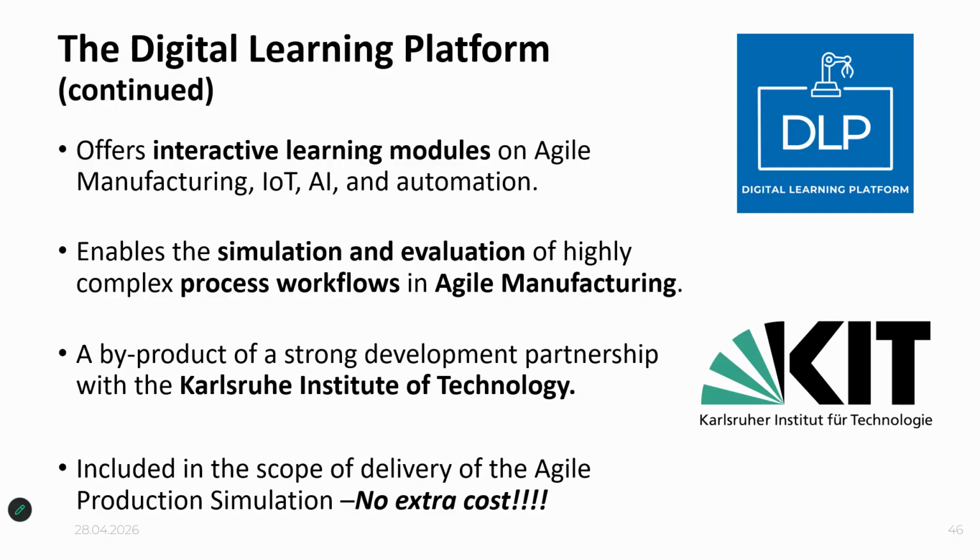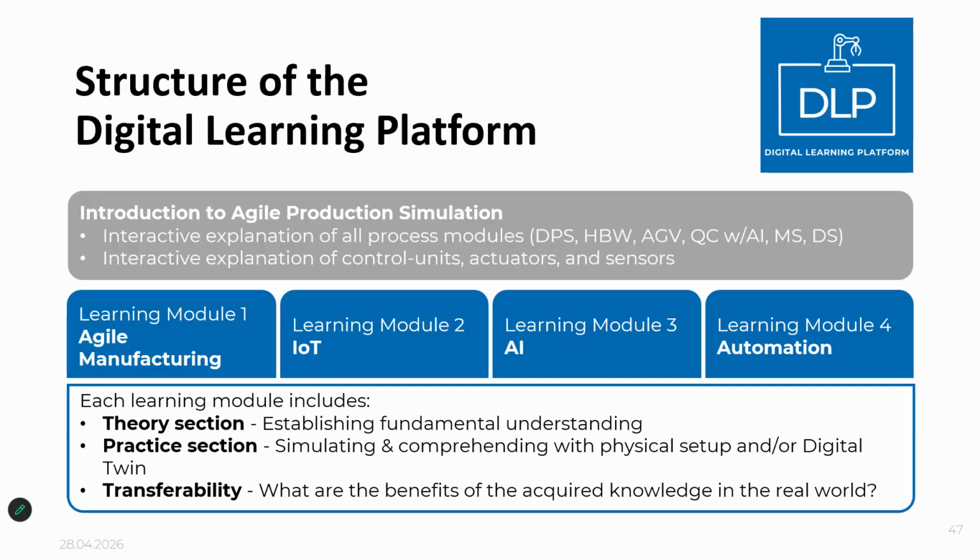Now, this slide provides a nice breakdown, again, of what is covered by the digital learning platform. Now, as you can see here, users start with an introduction to the Agile Production Simulation, and this would begin with an interactive explanation of each of the process modules, as well as of the control units, the actuators, and the sensors. Following this, the main instruction is broken up into 4 separate modules, one focused on agile manufacturing, the second on the Internet of Things or IoT, the third on artificial intelligence, and the last on automation.